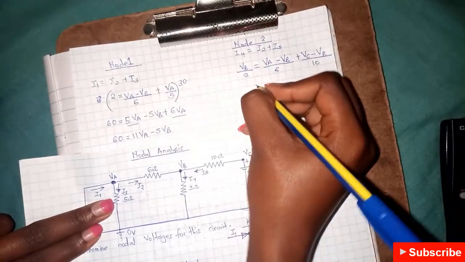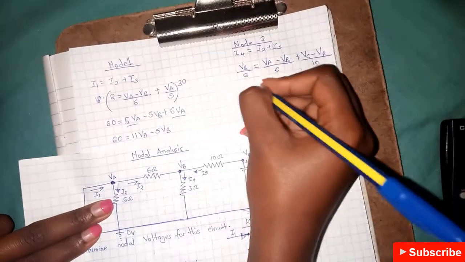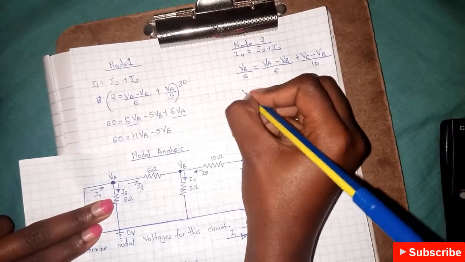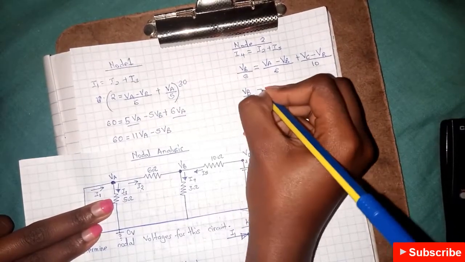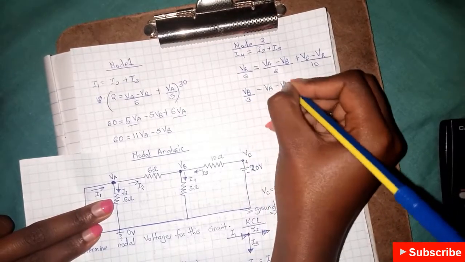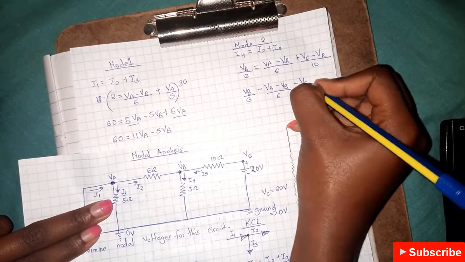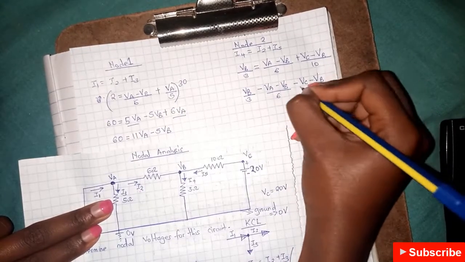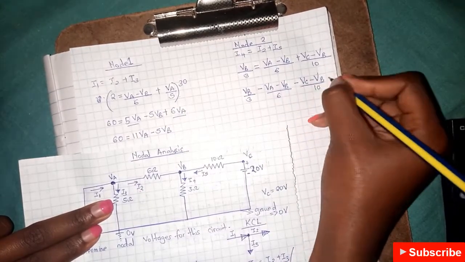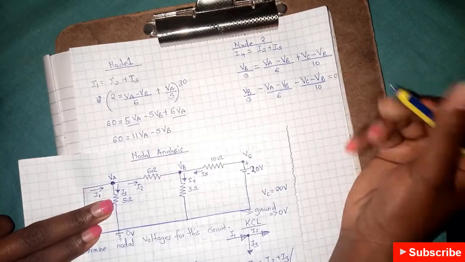VC, remember, is 20. So we can take all to one side. We'll have VB over 3 minus VA minus VB over 6 minus VC minus VB over 10 is equal to 0.